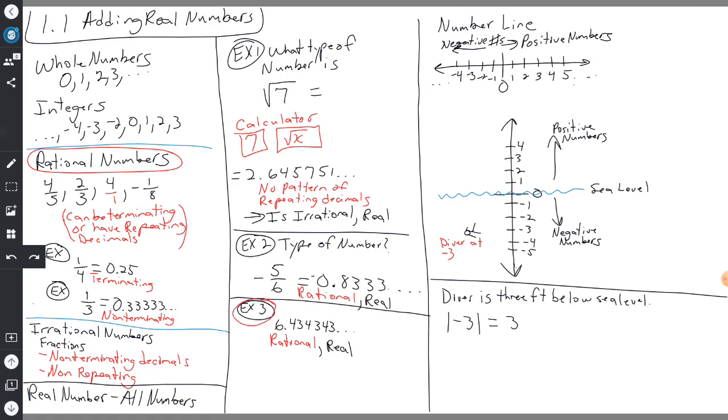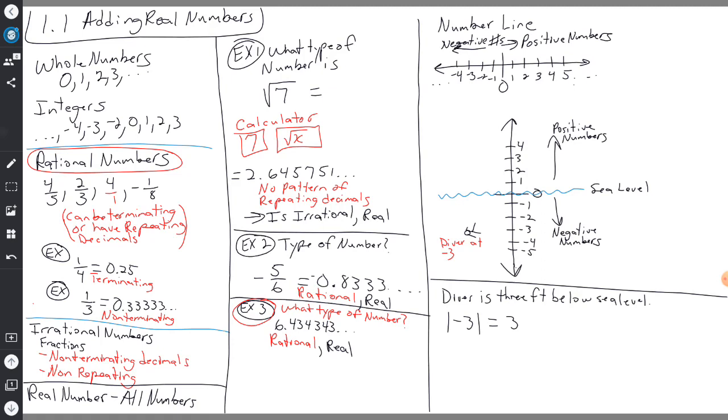In example 3, we want to know what type of number this is. And the number is 6.434343.